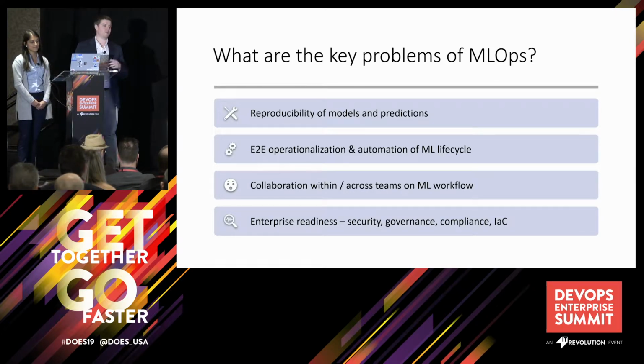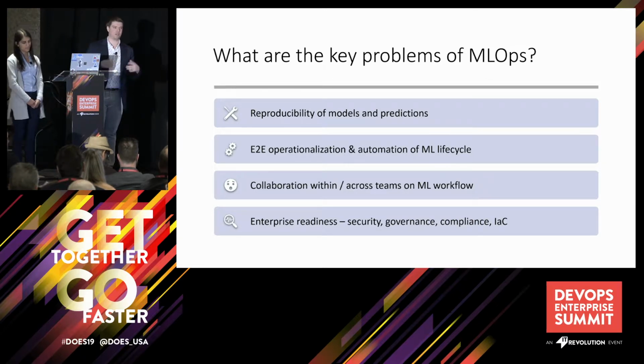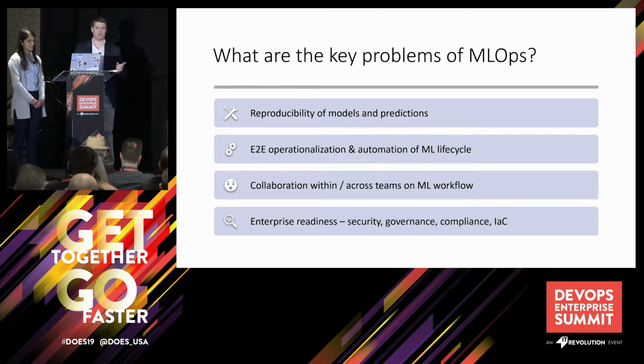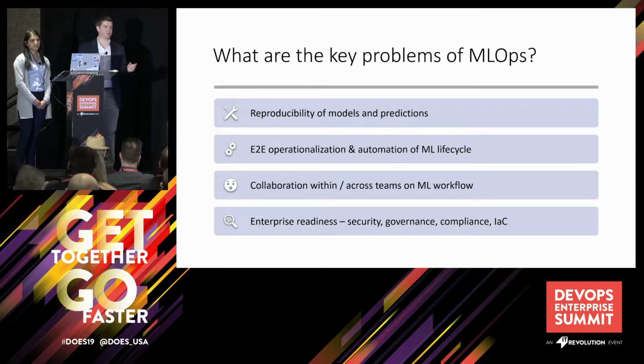And then how do you do compliance and infrastructure as code when you start to deal with specialized types of hardware? The cost management comes into play if you're using compute with large amounts of GPU, large amounts of memory, jobs that take a really long time to run. It's not like a normal software build where it takes a few minutes. Some of these jobs can take days or even weeks to run potentially to get a good model. So how do you trust that?